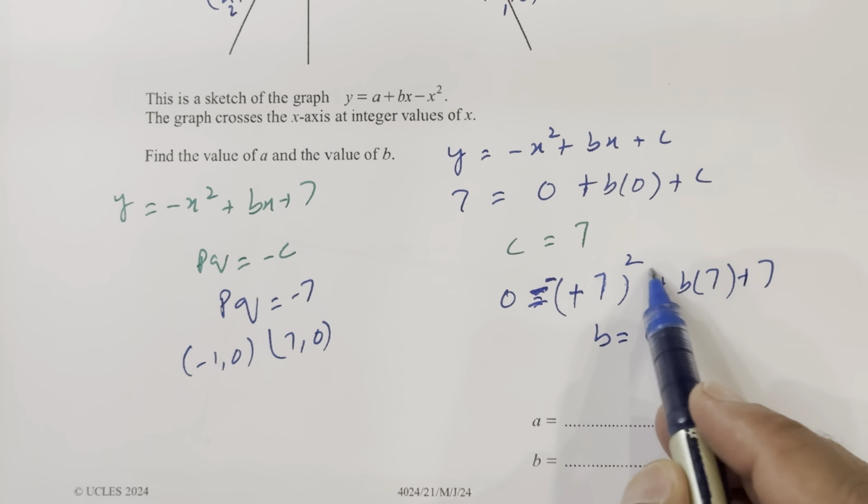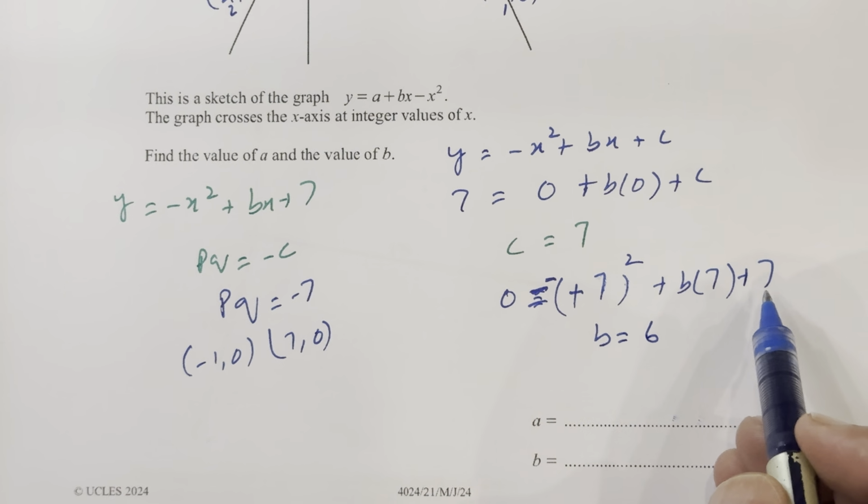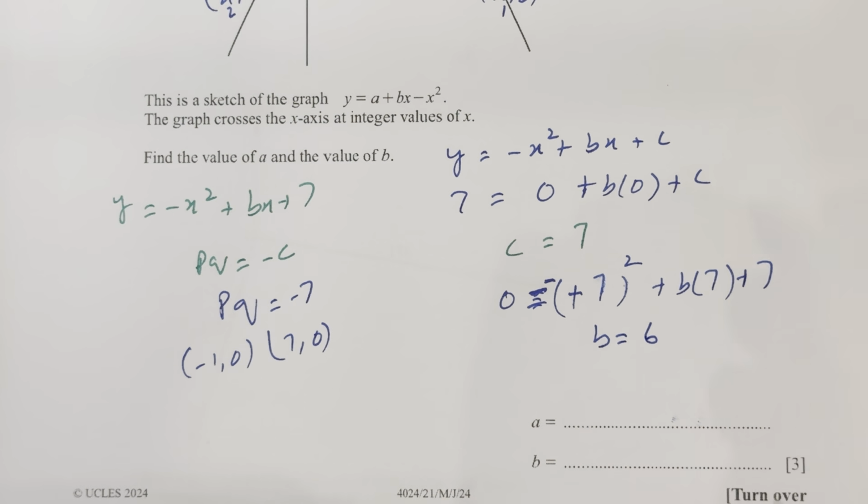You can solve it: 49 minus 56, 49 plus 7, then divide by 7, you get the value, that is 6.